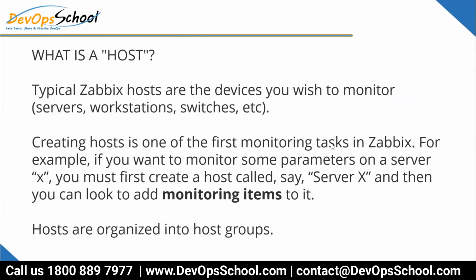Host, in simple words, is where we are getting the metrics from. The metrics may come in different ways. For example, one of the ways in which you can get the metrics is the agent.